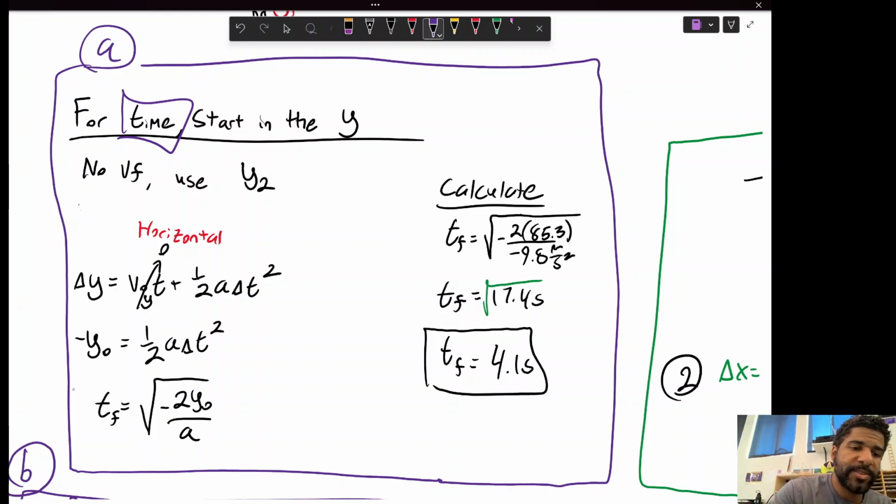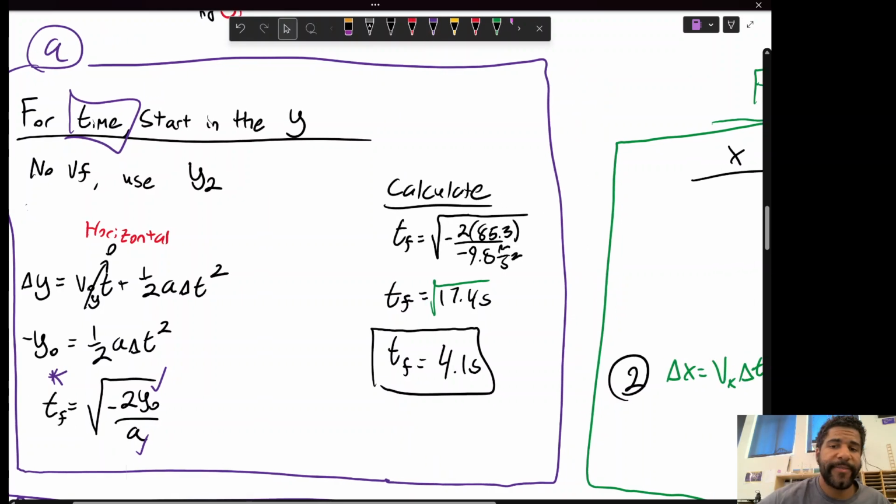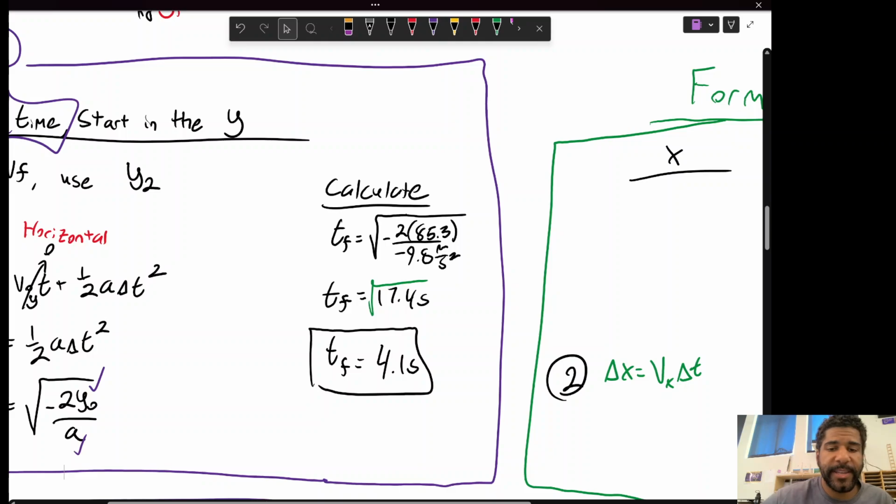So that'll be delta y is equal to v naught y t plus 1/2 a delta t squared. And when I isolate time like this, I end up getting this right here. I know what my starting height was, and I know what the acceleration is because it's always -10, -9.8 for the Physics Classroom problems. When I plug things in, boom.